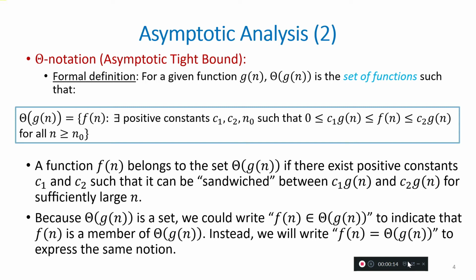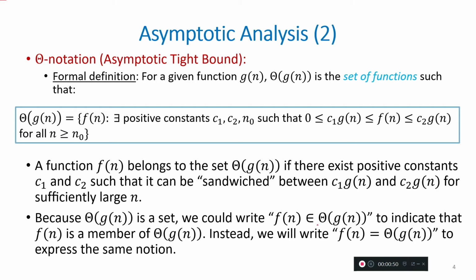Then theta of g of n denotes a set of functions such that for every function f of n in this set, there exist some positive constants c1, c2, and n0, such that f of n is bounded by c1 times g of n from below and c2 times g of n from above for all values of n greater than or equal to n0. In other words, f of n is sandwiched between c1 times g of n and c2 times g of n.